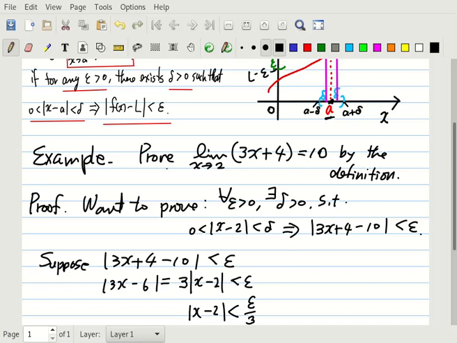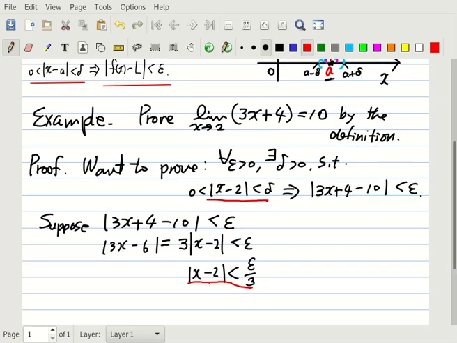Now we compare the last inequality and this part here. Almost the same. So if we take delta equal to epsilon over 3, then we can work backwards like this and reach the desired inequality.